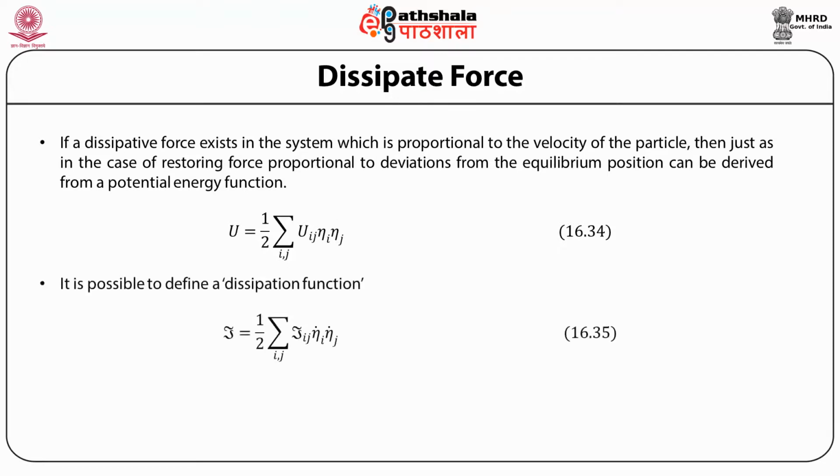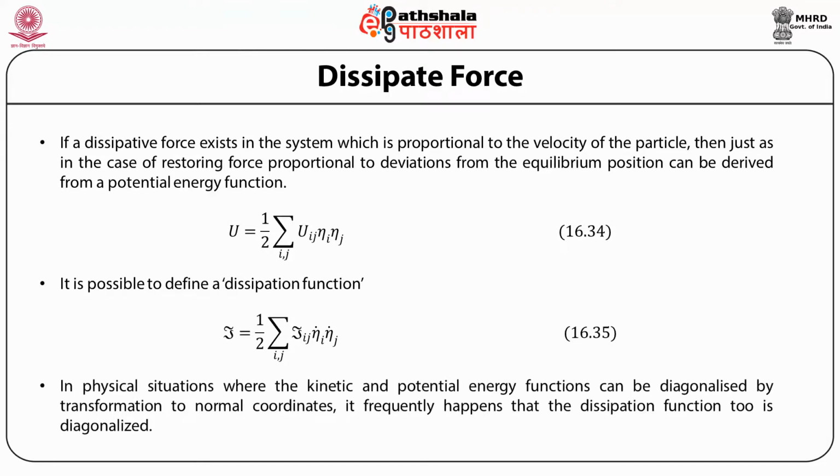So we define a dissipation function F equal to half the sum over i and j of F_ij eta_i dot eta_j dot. In physical situations where the kinetic and potential energy functions can be diagonalized by transformation to normal coordinates, it frequently happens that the dissipation function can also be diagonalized.